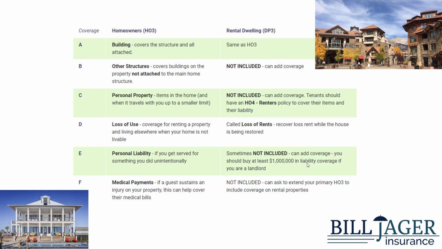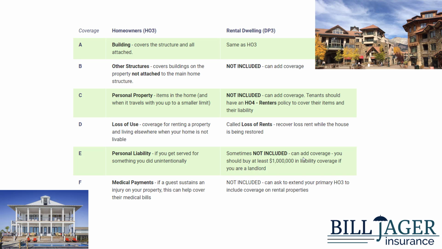On the rental side, that's sometimes not included, and you'll have to add that coverage. What I've seen is most of the time that it actually is covered. Most of these companies have it built in. But on the DP3, you just want to make sure that it is included, because it could be the most substantial damage or financial hit that somebody could take.